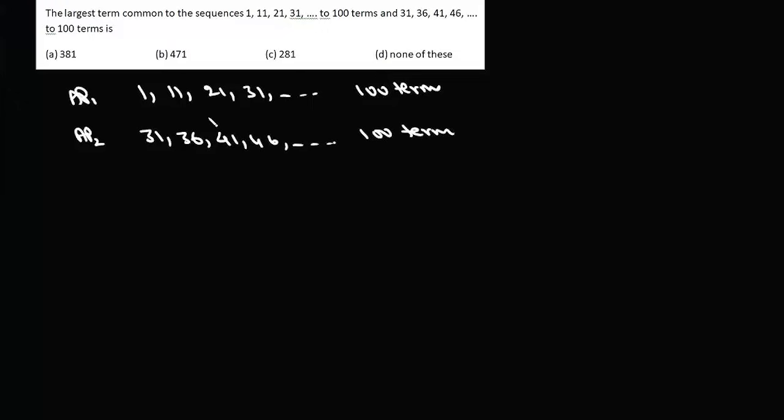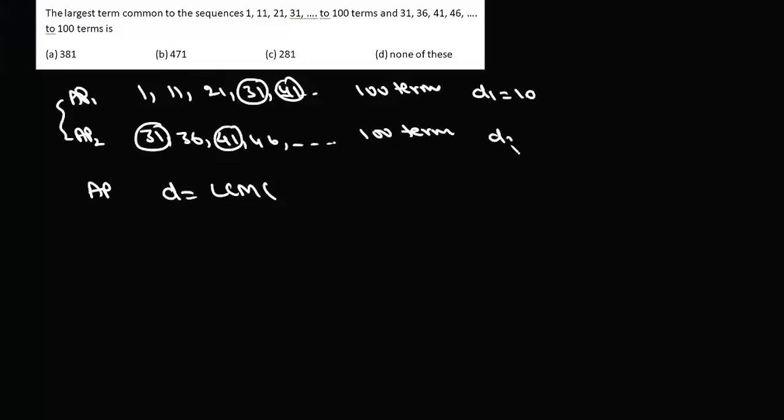Now terms common to both the series, 31, 41, they'll also form an AP whose common difference is LCM of common difference of the two APs. Now common difference of first AP is 10, and common difference of second AP is 5.